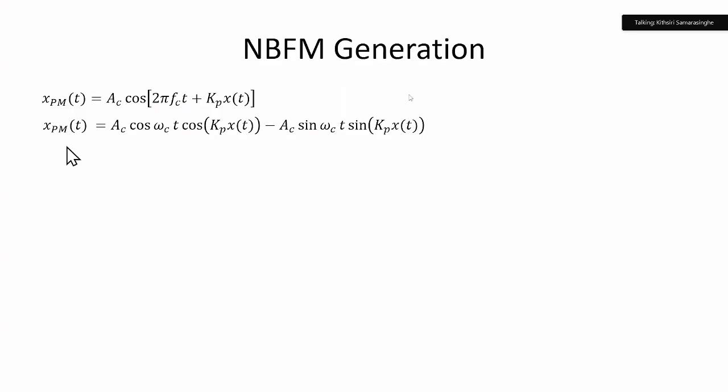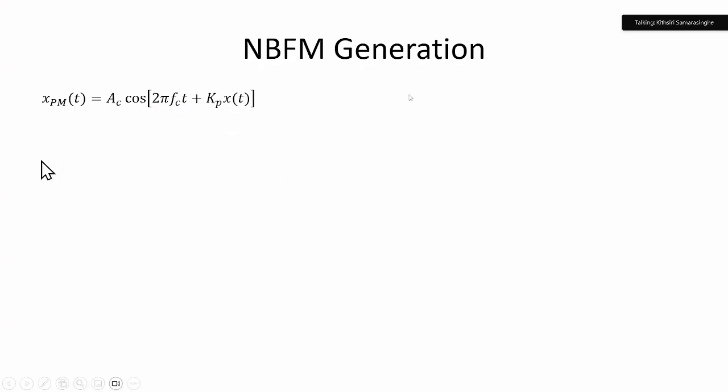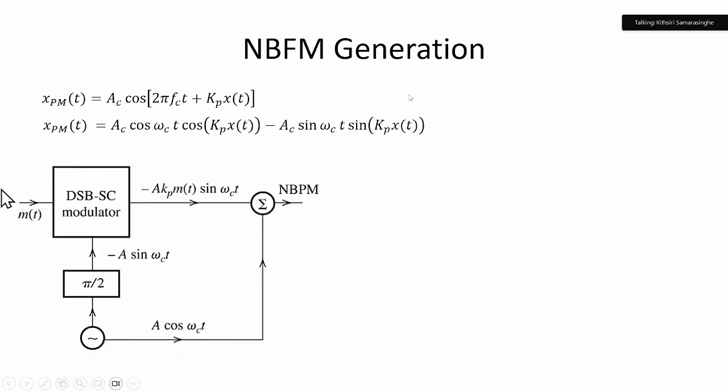Okay, one word about this slide now, coming back to this. If we expand like this, we get a very simple idea here. You can notice that your, let us say, modulating signal x(t) is taken, and we studied the DSBSC ring modulator earlier. Put it into the ring with this minus A sine omega_c t.